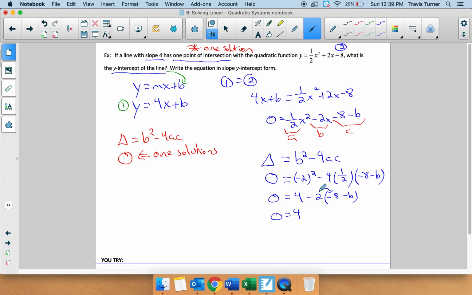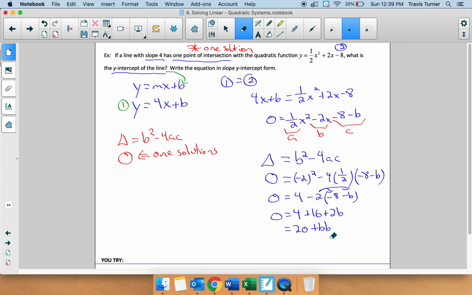I need to distribute it. So that becomes plus 16 plus 2b. And that's 20. So I've got 20 plus 2b. Oops. Not bb. Plus 2b. And then I move it over.